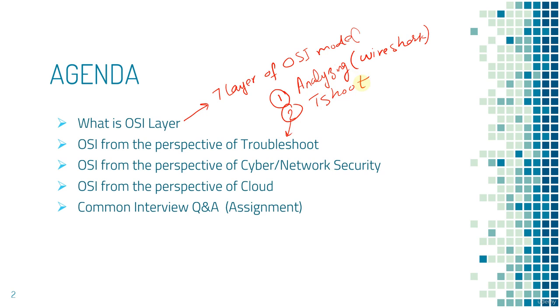If we wanted, we could just teach you the OSI layer and finish the session over here, but we do not want that. We want to prepare you for the future. That is why troubleshooting, one of the very important aspects in the life of a network engineer, is covered as well.